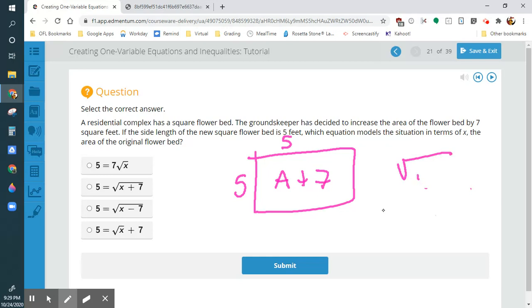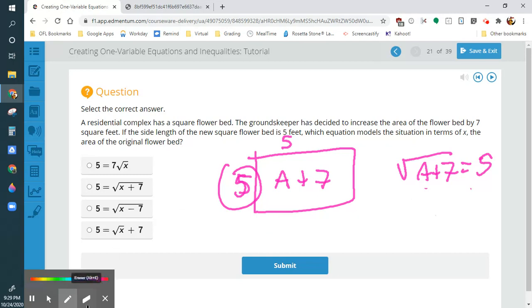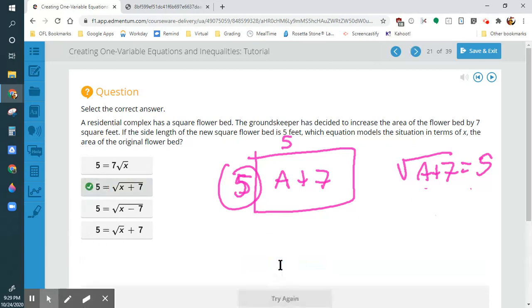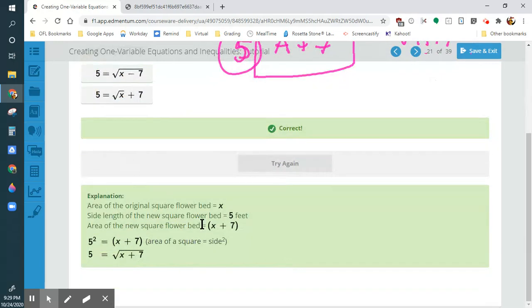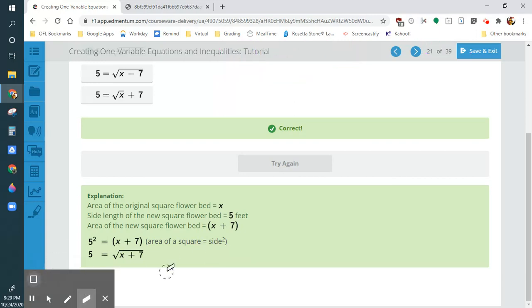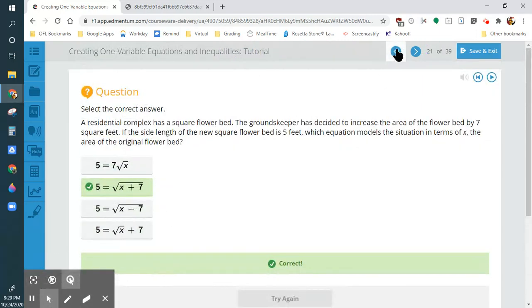We have to take the square root of a plus 7. That equals our side. They gave us the side, and this is a 5. I know my 5s and my s's look very similar. I'm sorry. So our answer has to be this, because this is our new area and the side squared. So we get that. That one was pretty self-explanatory.